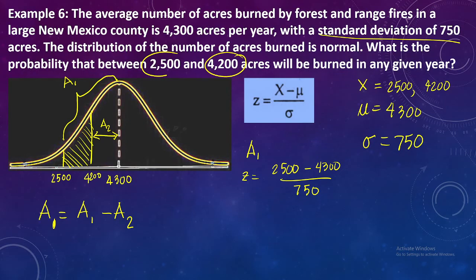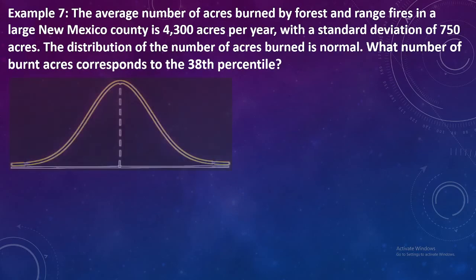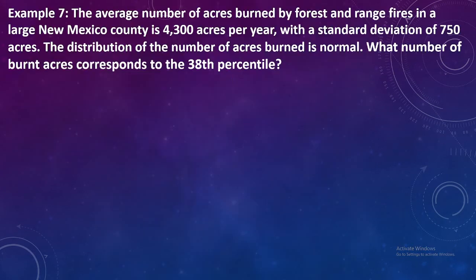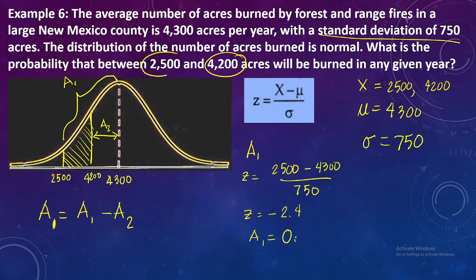Divide it by 750, how much do we get? That's negative 2.4. So for area 1, if I'm going to the table, 2.4, that's here. 0.4918. That's area 1.